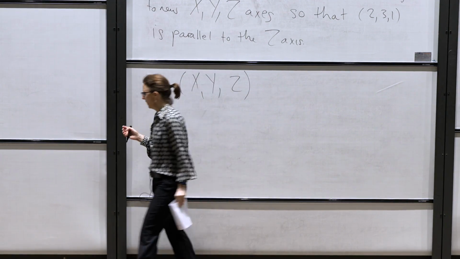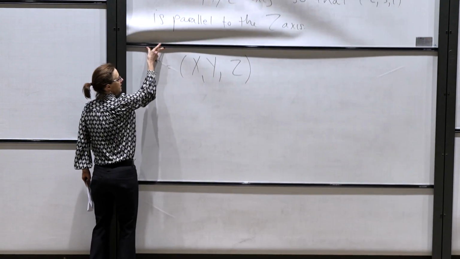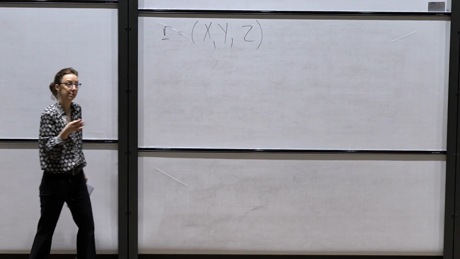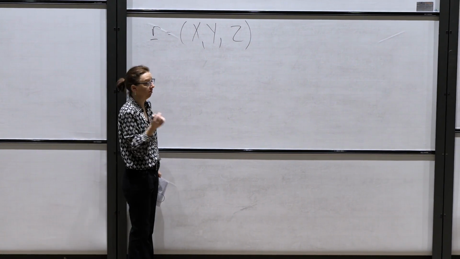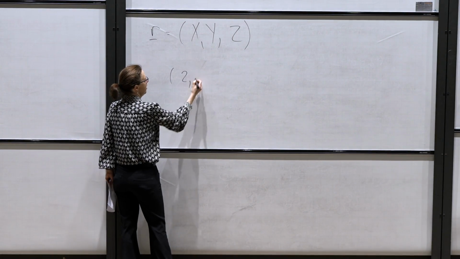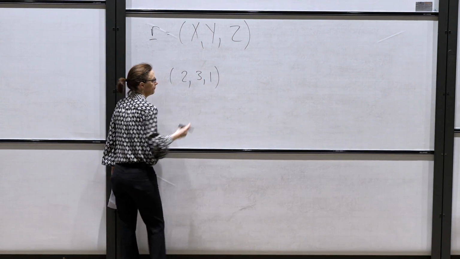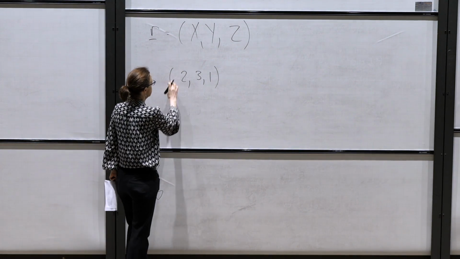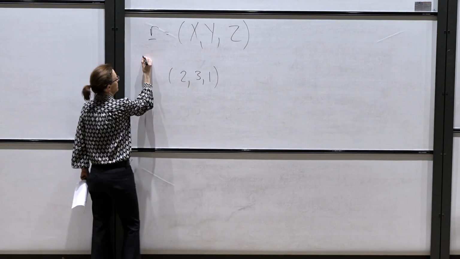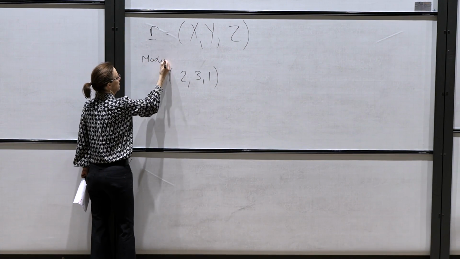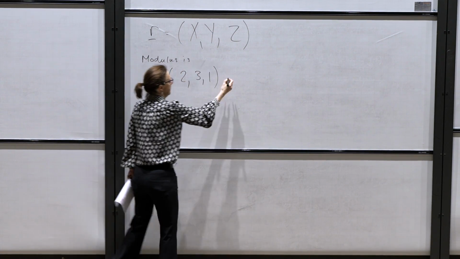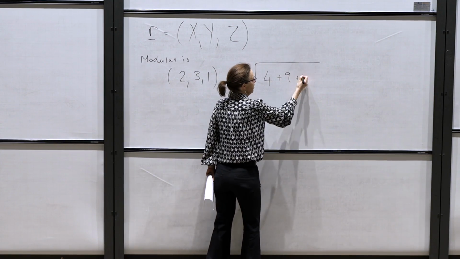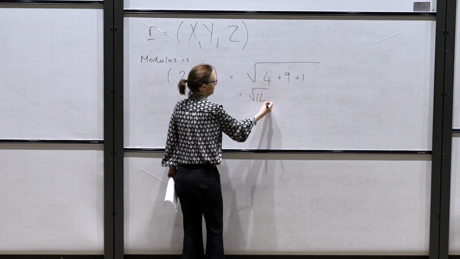So the first thing to do is think about how I might write that vector using a unit vector, because when we think about coordinate directions, we don't give them length, they have unit length. So we can rewrite 2, 3, 1 in terms of the unit vector. The modulus of this is simply the square root of 4 plus 9 plus 1, or the square root of 14.